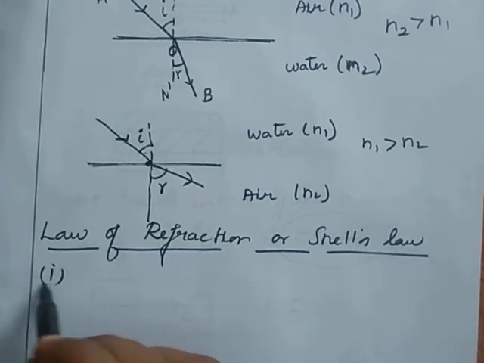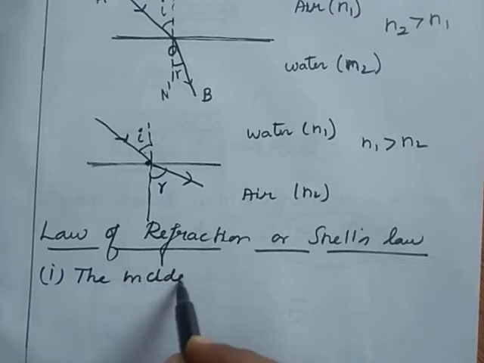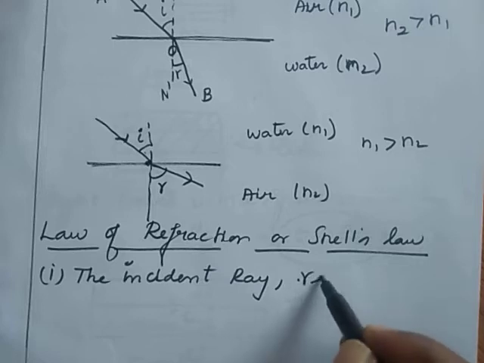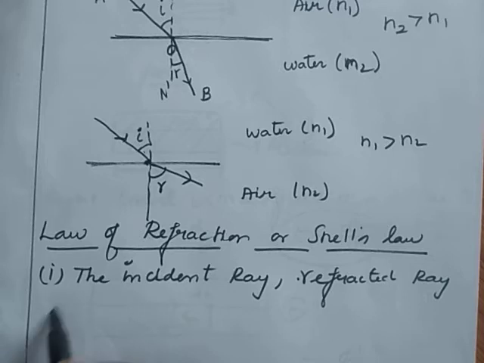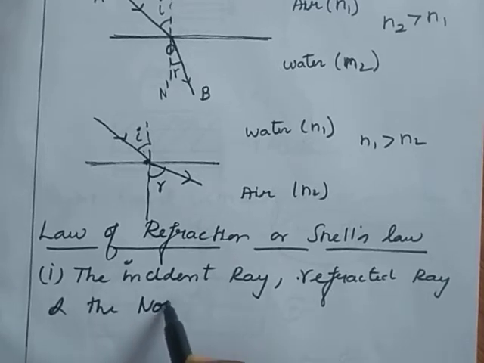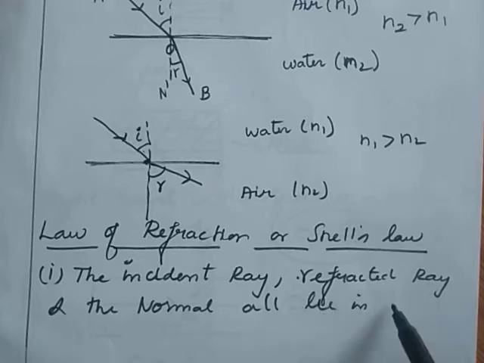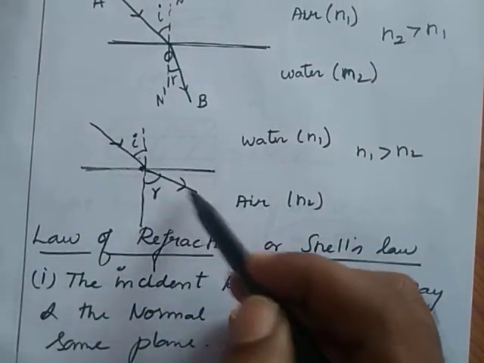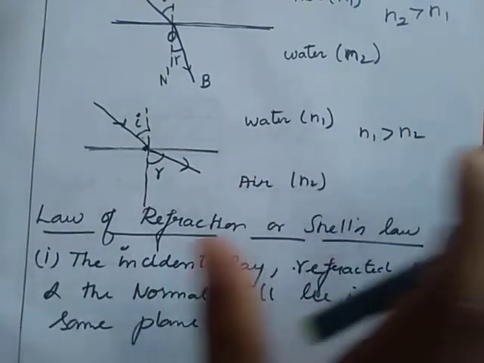First law: the incident ray, refracted ray and the normal all lie in the same plane. See, the incident ray, refracted ray and the normal all lie in the plane of the paper, that is, all lie in the same plane.